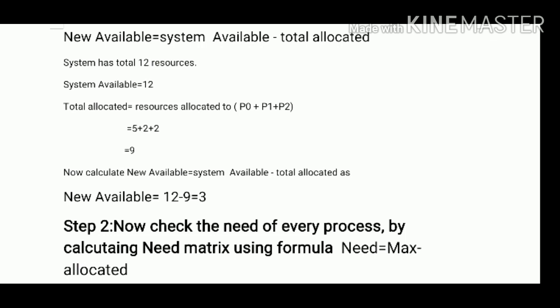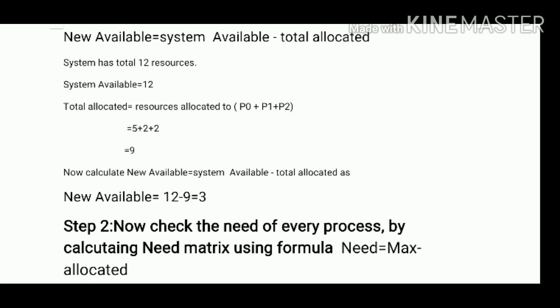After that we are going to check the need matrix of each of the processes. Process P0 requires 10 but is actually given 5, so the resources needed by P0 to complete its execution will be 10 minus 5, which is 5 more. Similarly, P1 requires 4, actually given 2, so P1 needs 4 minus 2, which is again 2.